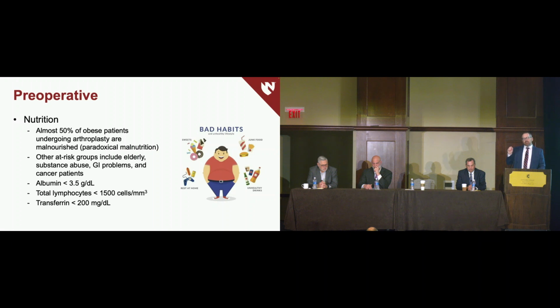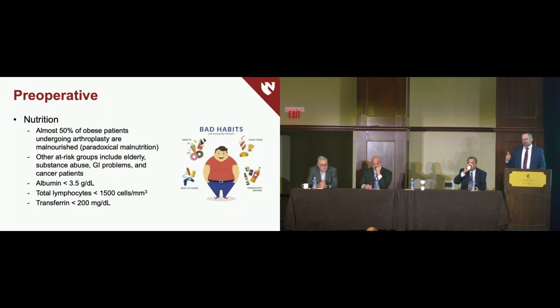But beyond those patients, you have to pay special attention to the elderly, patients with substance abuse history or substance abuse disorders, patients with GI problems who are malabsorbing vitamins, and then lastly, cancer patients. That's a particularly high-risk group, so pay close attention to those patients when you see them.